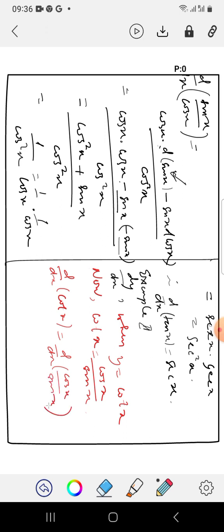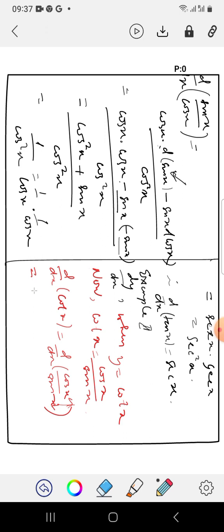Now, I may sound like I'm moving too fast, but you have the liberty of slowing down your video, or reverting, pulling it back. And that's the beautiful thing about this technique. So we know we are going to engage the quotient rule again because of the nature of what we have here.